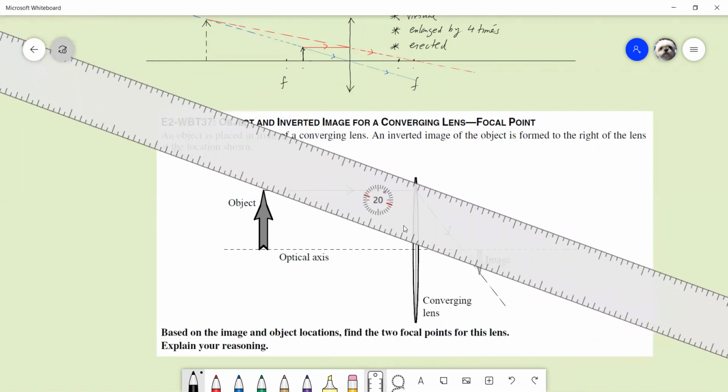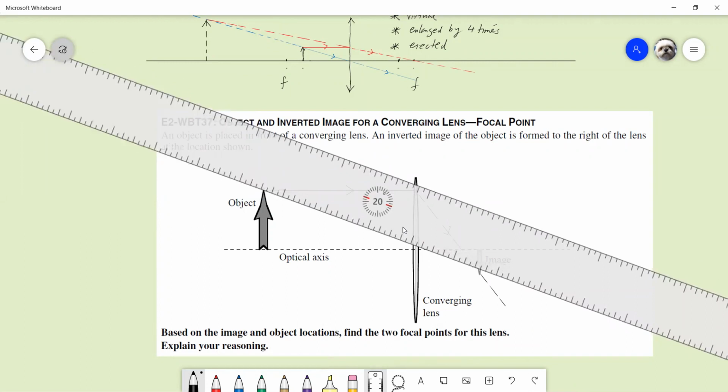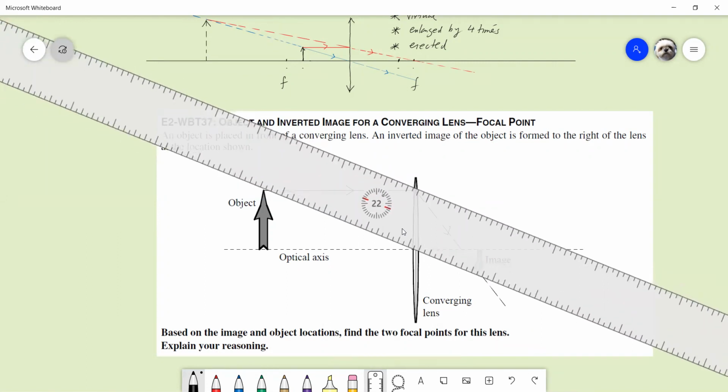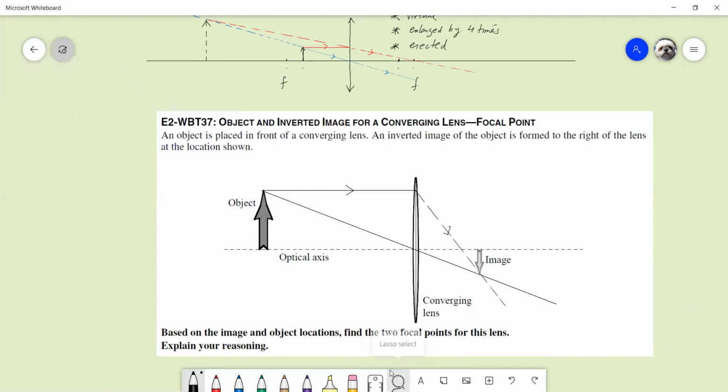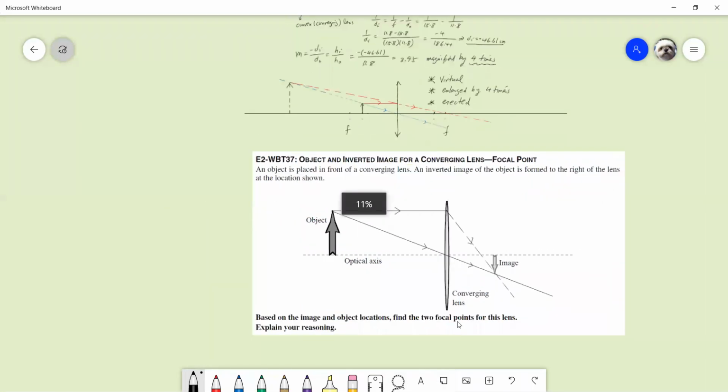This line just goes straight out, right? Am I right? Now, so therefore, where are my two focal points? My two focal points will be here.